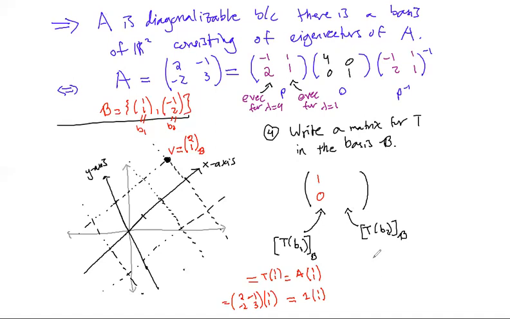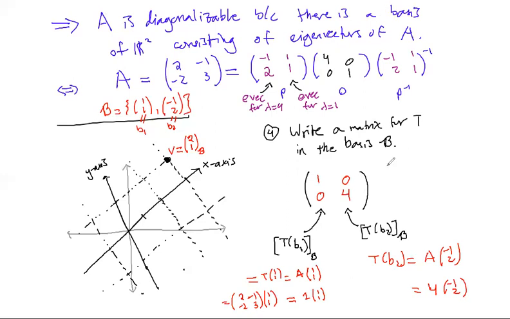We do the same thing here. T of B2 is A times B2, negative 1, 2. But this is an eigenvector with eigenvalue 4, so we know what this is. Now we write this in our basis B. This should be 0, 4, which is exactly the same as this diagonal matrix if I had chosen my basis in the correct order. So this is what diagonalizing does for us.